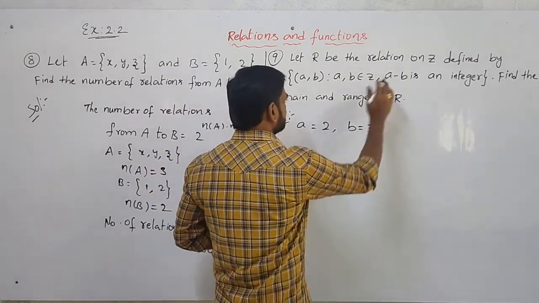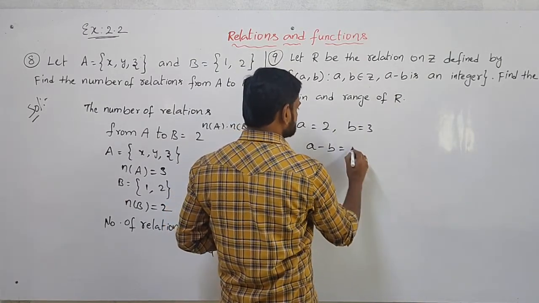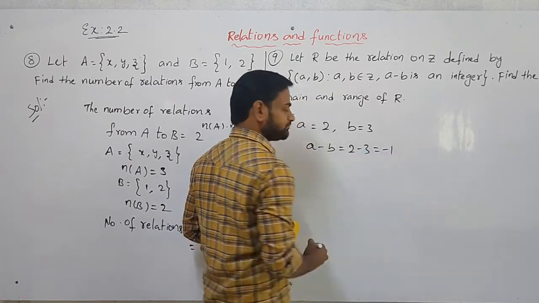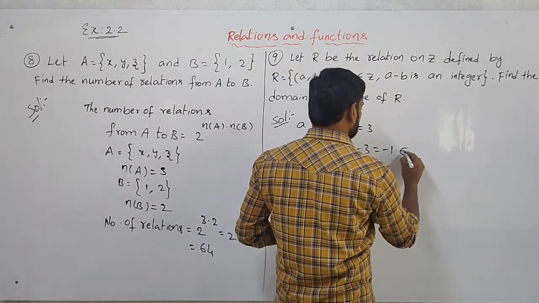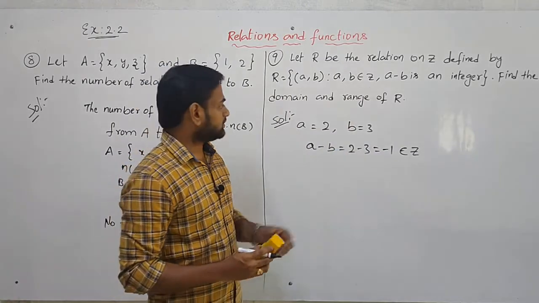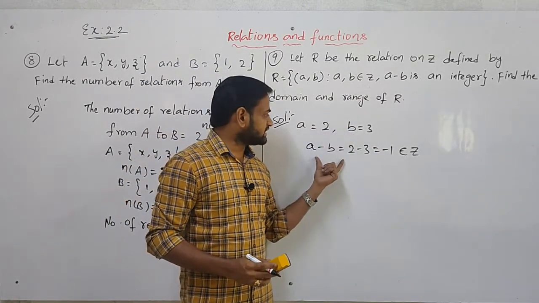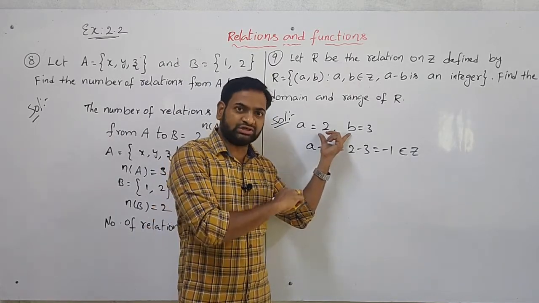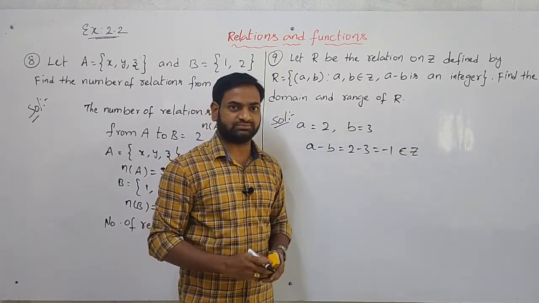Now apply the operation. What is a minus b? That is 2 minus 3 is equal to minus 1. Now is this minus 1 an integer or not? Yes, it belongs to integers. These are the taking values or choosing values, and this is the result value. So taking values from the integers, the result value is also an integer.